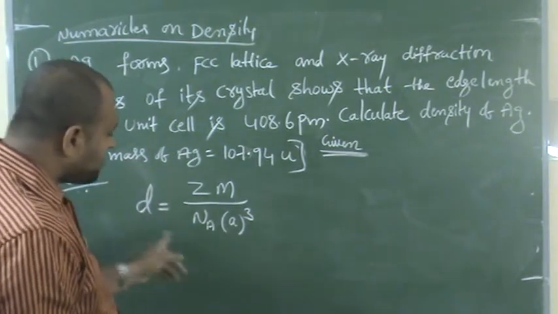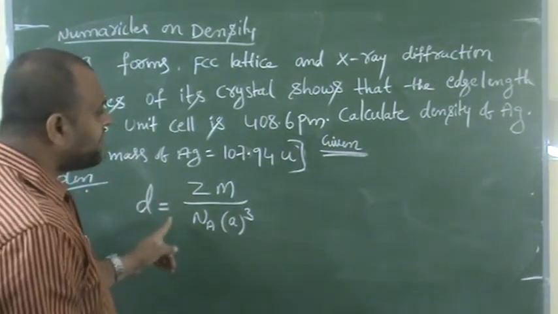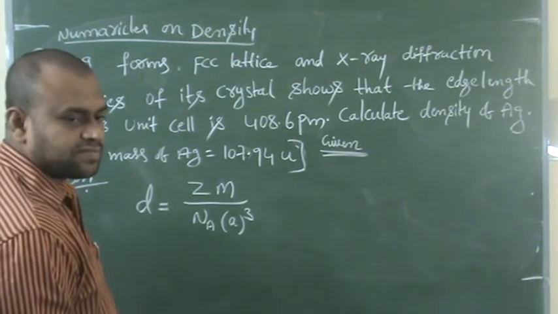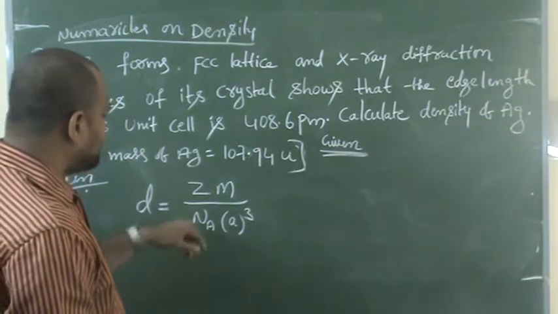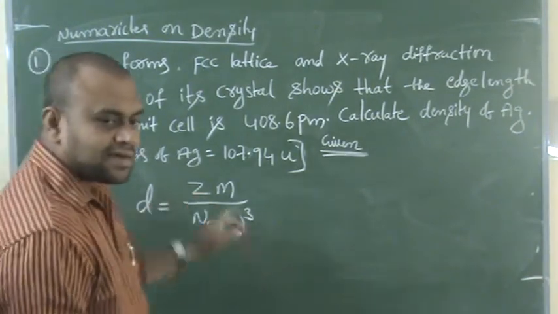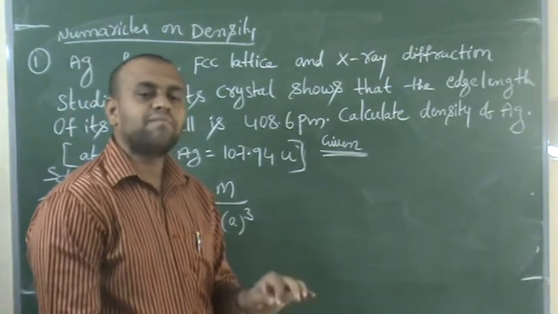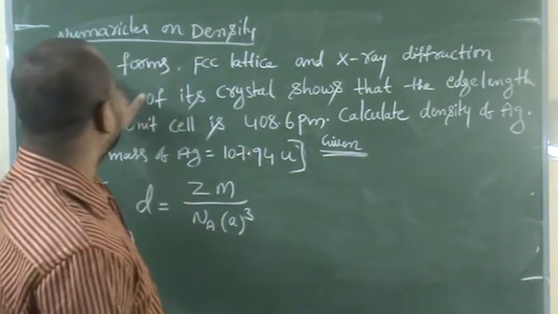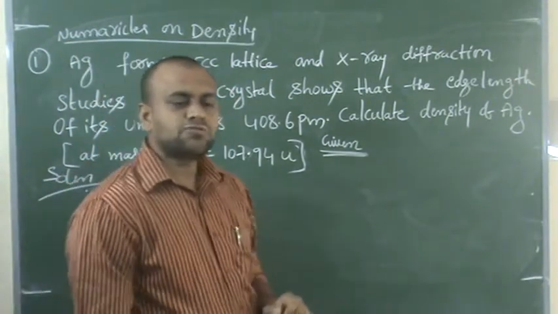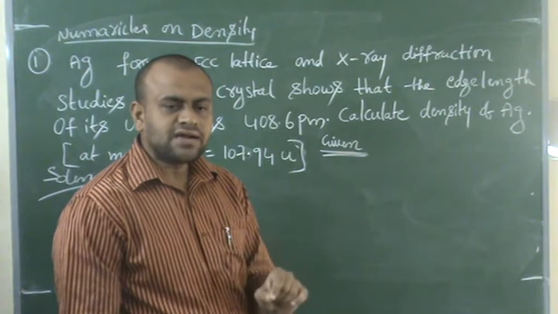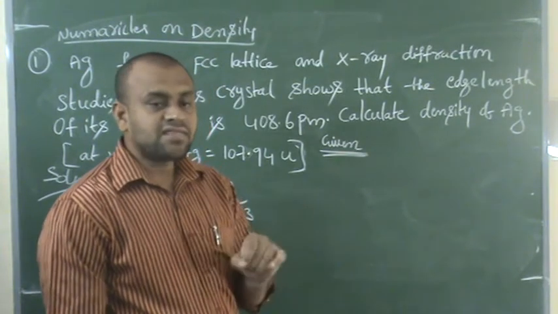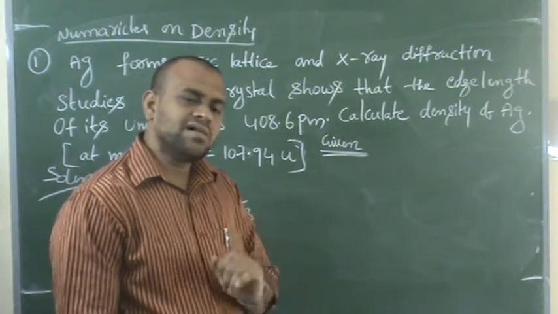Now, by using this formula, we know what we have to find out. Here we have Z. Z means rank, which is nothing but the number of particles. Ag forms an FCC lattice. FCC means face centered unit cell. In a face centered unit cell, how many particles are there?